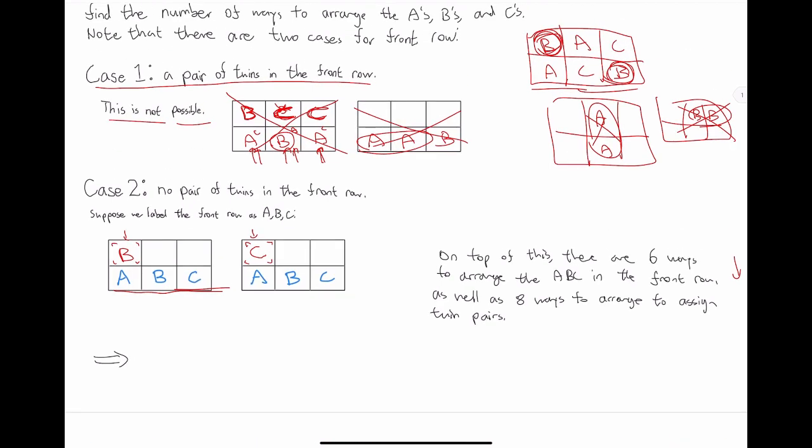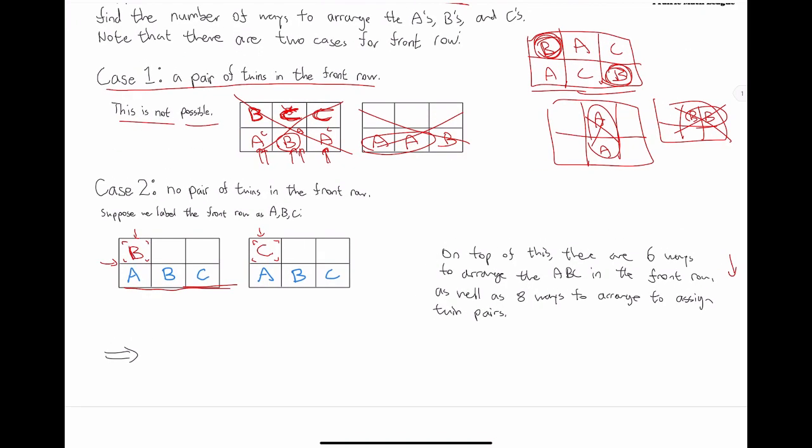This is because in this case, since we have a B here in front of the cell, the C can't be here. So the C must be here, and the A must be here. The remaining A, and in this case, the B cannot be here because that's right in front of this one, so it has to be here, and then the A has to be here.